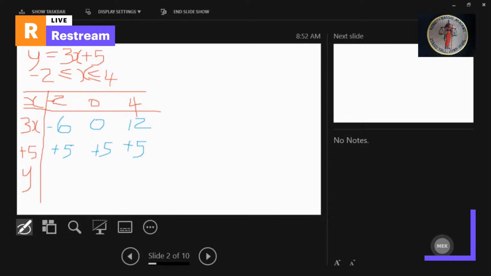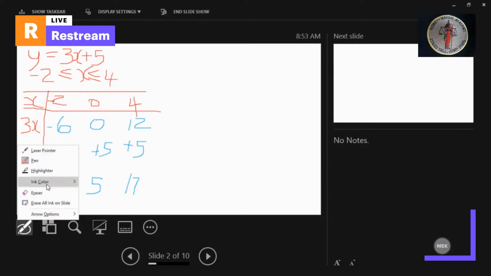So -6 plus 5 is -1. 0 plus 5 is 5. 12 plus 5 is 17. So now we can write our coordinate pairs that we're going to plot. So our coordinate pairs would be -2 to -1.